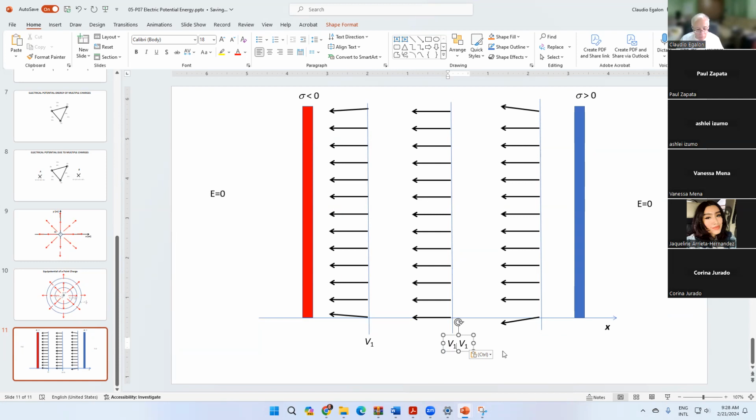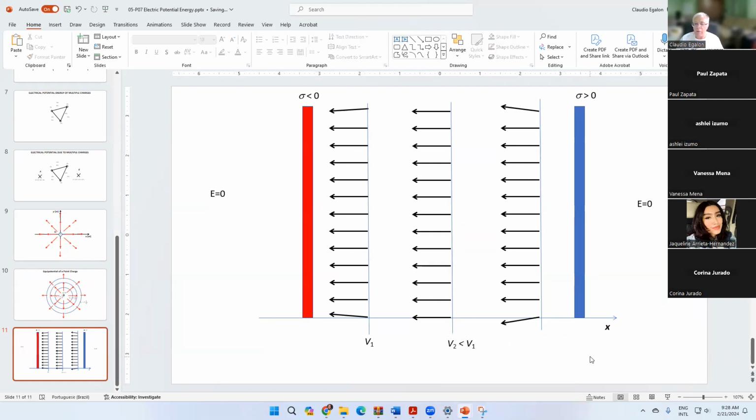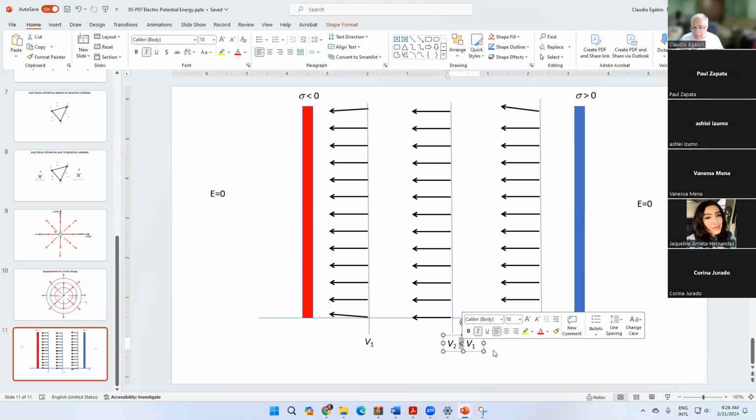That's going to be 2, which, because it's more negative than the other one, means it's going to be less, right? You know what? I'm going to put a magnitude so we can make things easier. If we put the magnitude, then this one here becomes greater, okay?